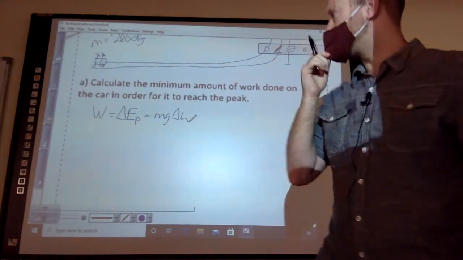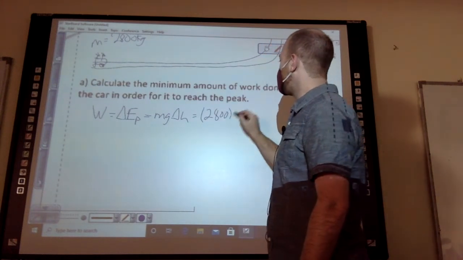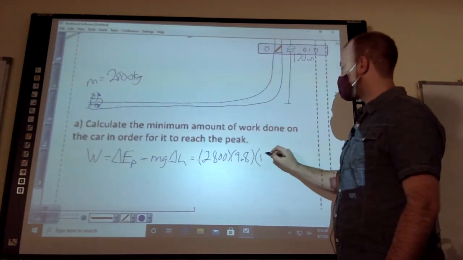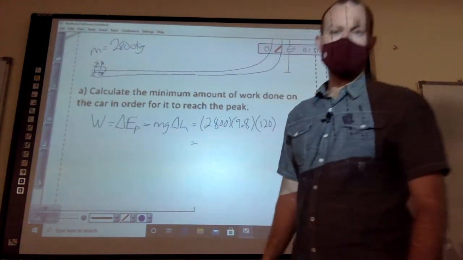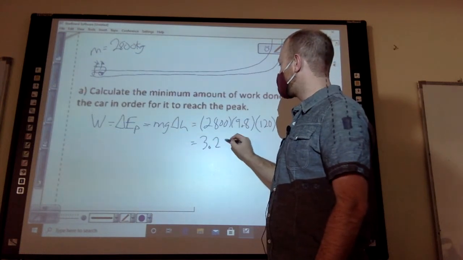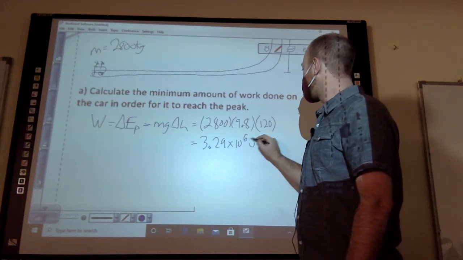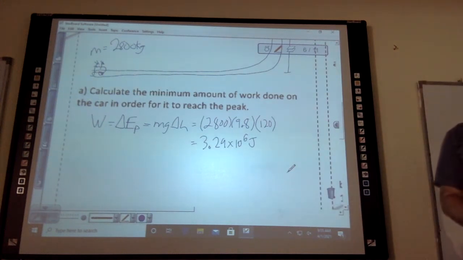We have these values. This is the easy part. I have mass, I have acceleration due to gravity, my change in height is 120. We get 3.29 times 10 to the power of 6 joules. So a fair amount of energy. This is just the amount of work done to reach the peak.